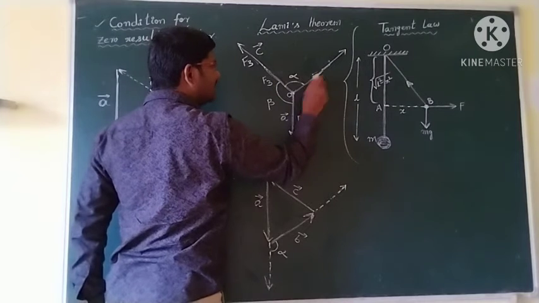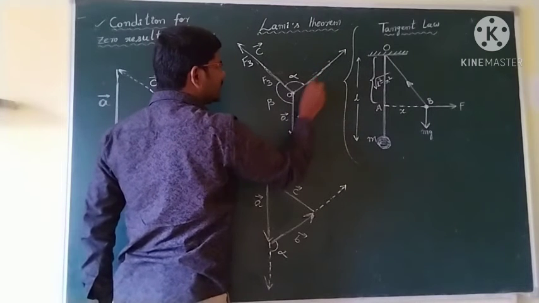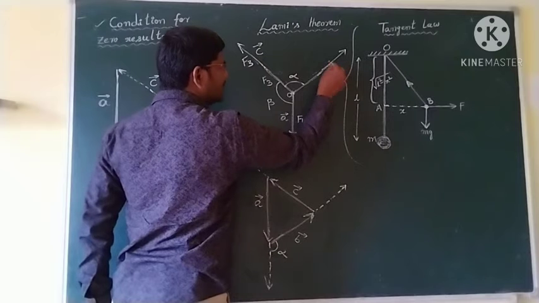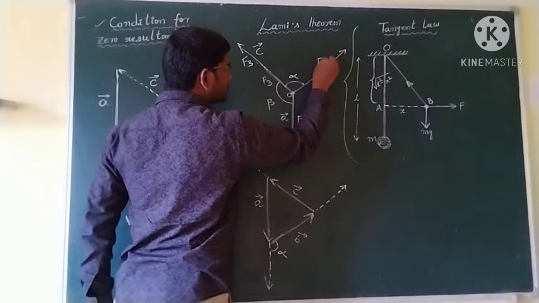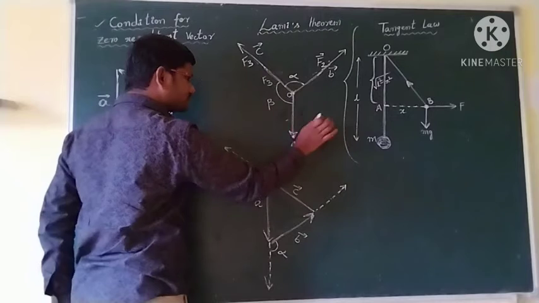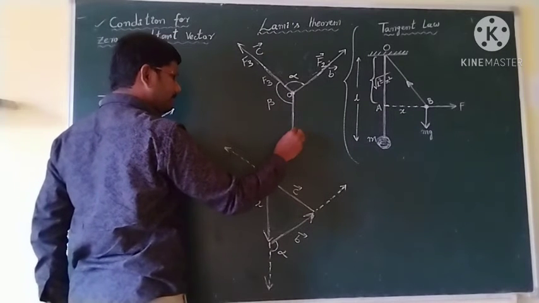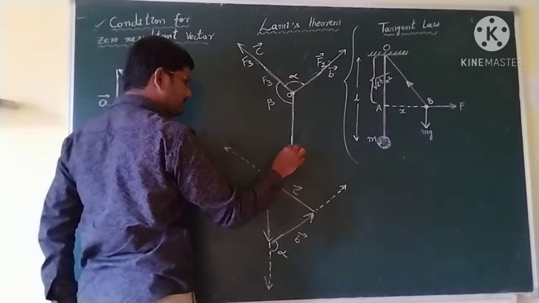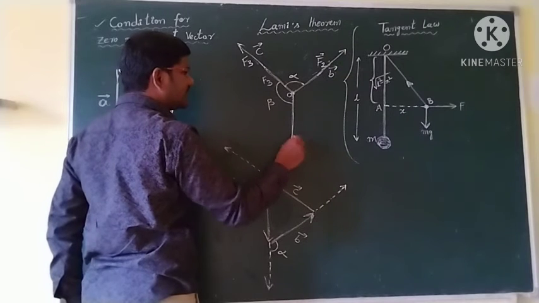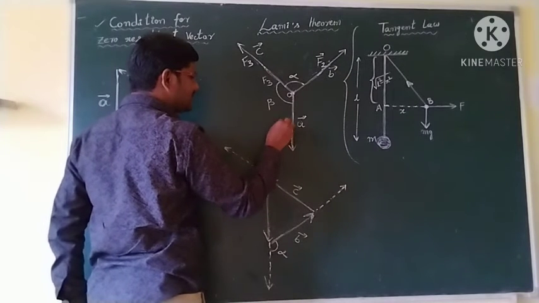And this is the second vector, B bar vector. Force is a vector, so I am taking F2. And this is the first vector A bar, which I am taking as the force F1.